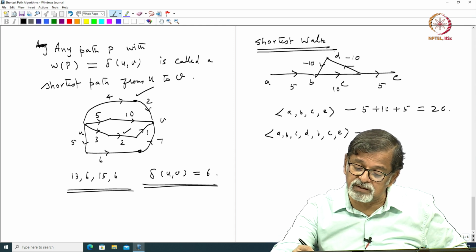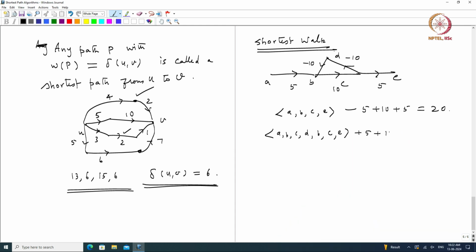A to B is 5, B to C is 10, C to D is minus 10, D to B is minus 10, B to C is 10, and then C to E is 5, and this is 10.